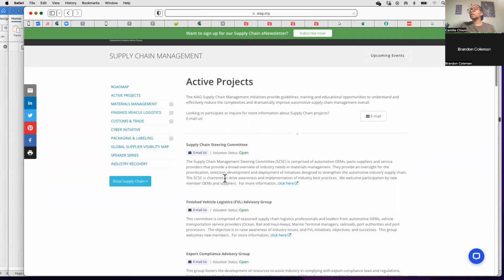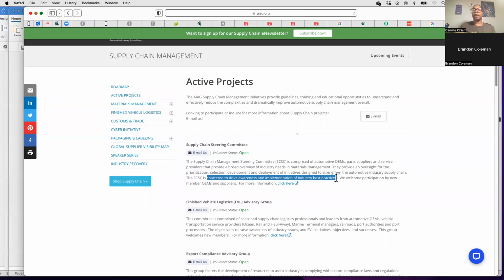So again, many of these committees, the charter is to drive awareness and implementation of industry best practices. So again, they're not setting rules that you have to abide by, but they're setting best practices so that there is some standardization and so that people can learn what worked well at that company.